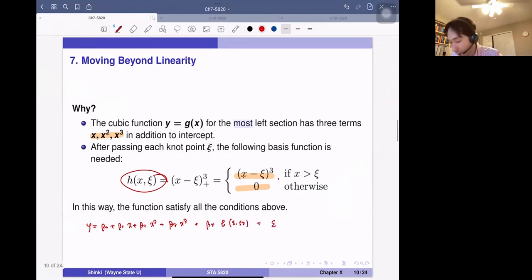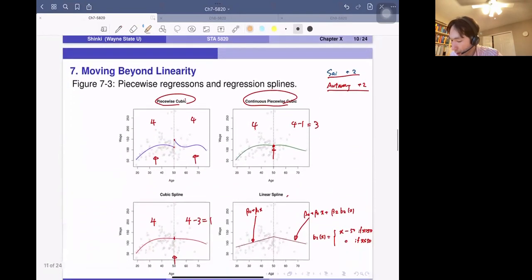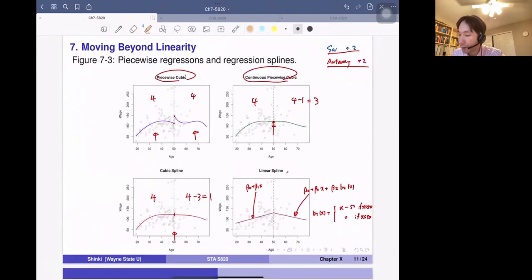So this is the entire regression model if we have only the 2 pieces, 1 knot point. And you have 1, 2, 3, 4, 5 parameters. So we can save parameters. If we fit the piecewise cubic regression, we have 8 parameters, but here we have only 5 parameters. So we can save the number of degrees of freedom in a good way.